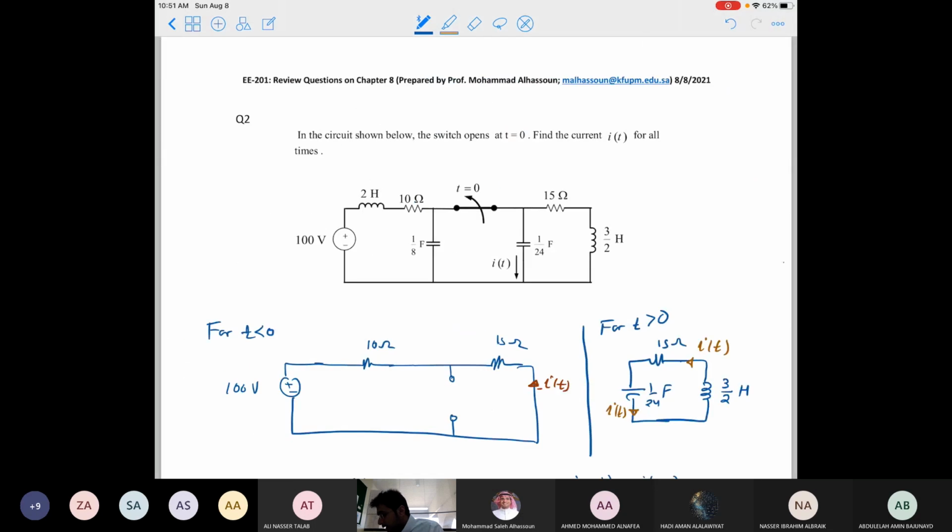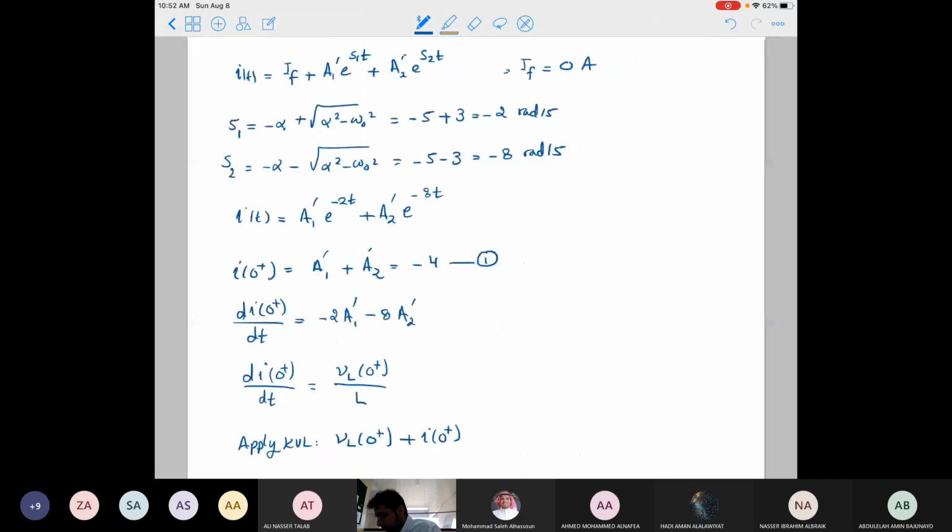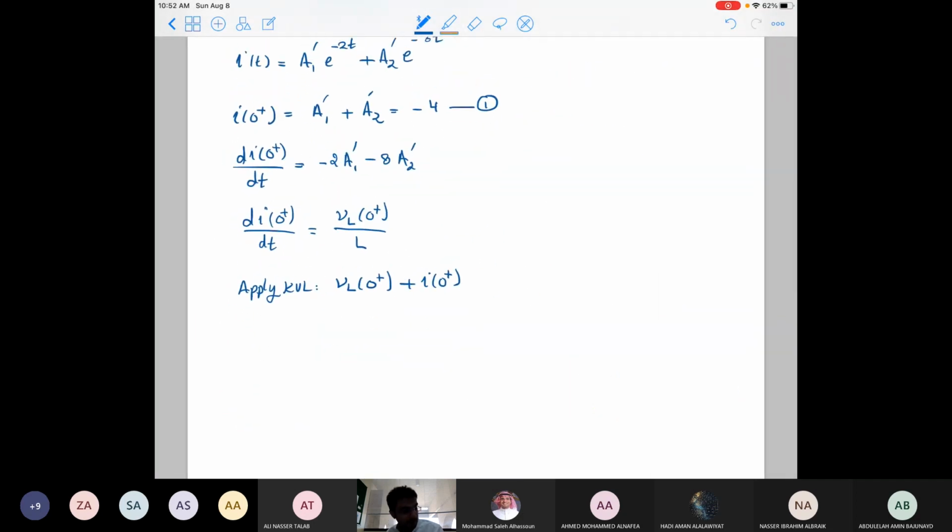So I'm assuming that this is a voltage across the inductor, and I'm applying KVL here, this way. I know this one is 60.